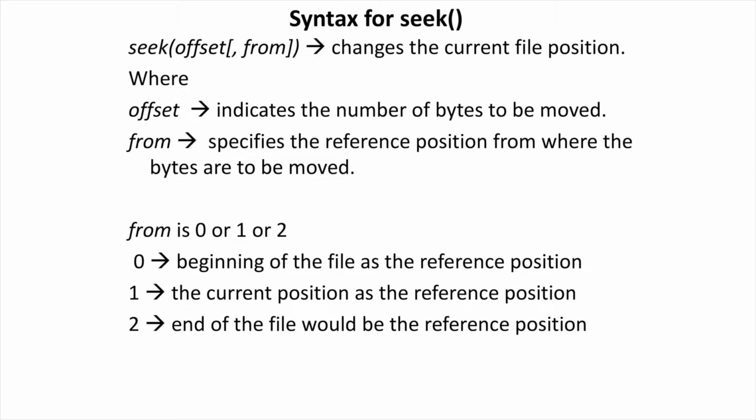Offset indicates the number of bytes to be moved, from indicates the reference position from where the file bytes are to be moved. From can take 0 or 1 or 2. 0 means beginning of the file as the reference position. 1 means the current position as the reference position. 2 means end of the file would be the reference position.